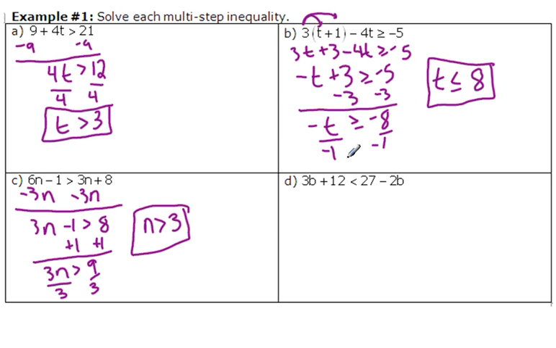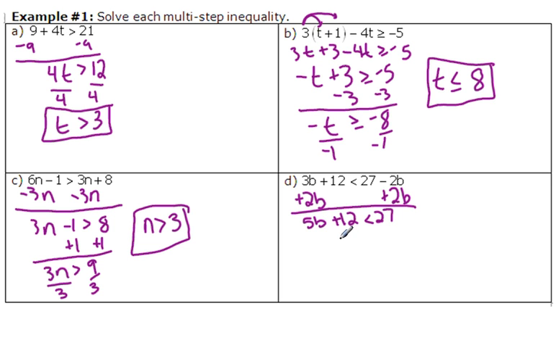So look at example D. This is the same idea. Here I've got variables on both sides, so I'm going to move the minus 2b by adding 2b. If I do that, 3b plus 2b is 5b, plus 12 is less than 27.